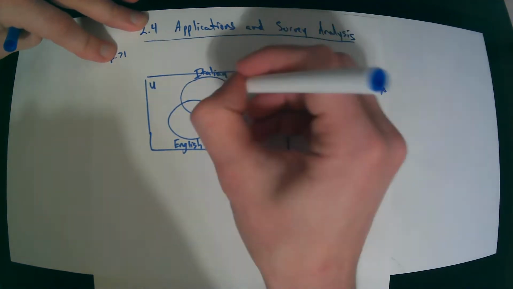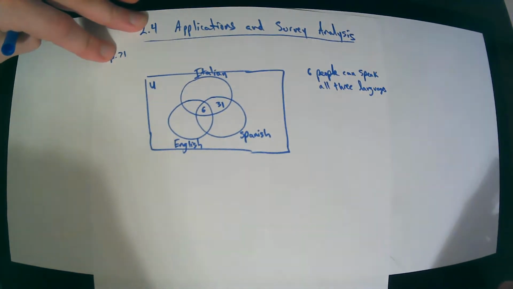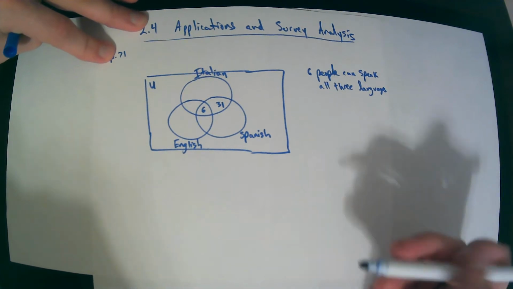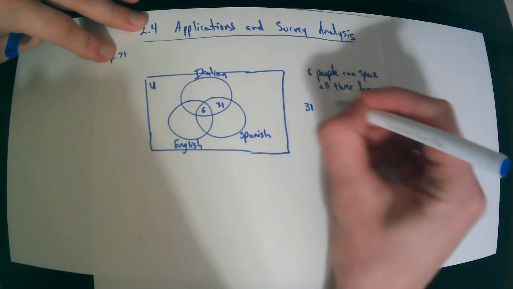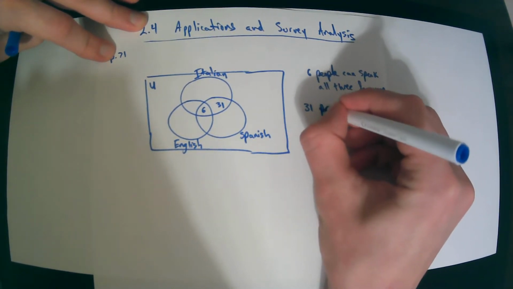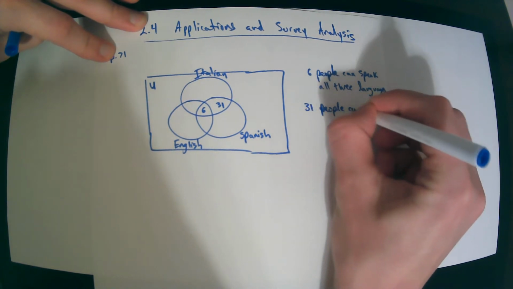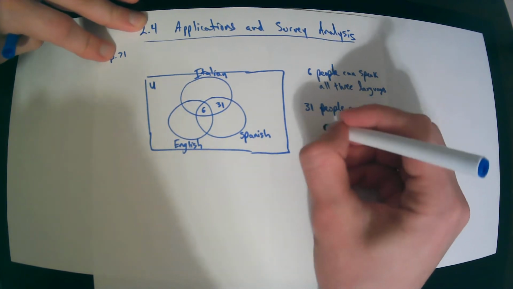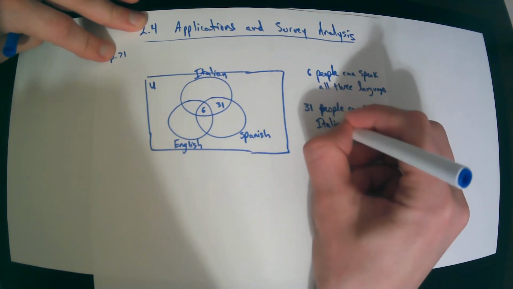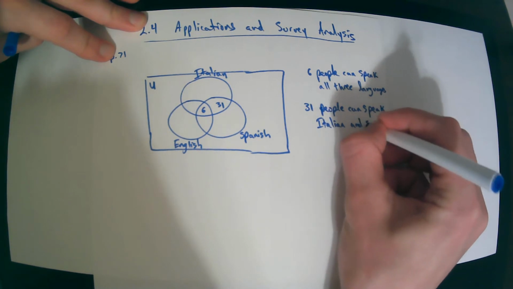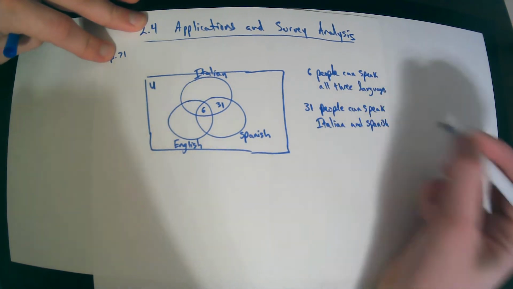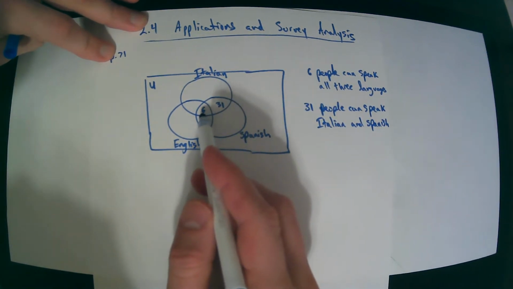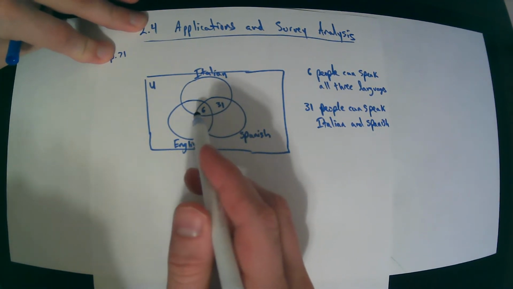Okay, what about this 31 over here? 31, right there. It's in the intersection of Italian and Spanish. Okay, but how do I write that? 31 people can speak... Now, it will not be correct to say this, can speak Italian and Spanish. I need to be a little bit more specific here, because these 6 people over here can speak Italian and Spanish, right?